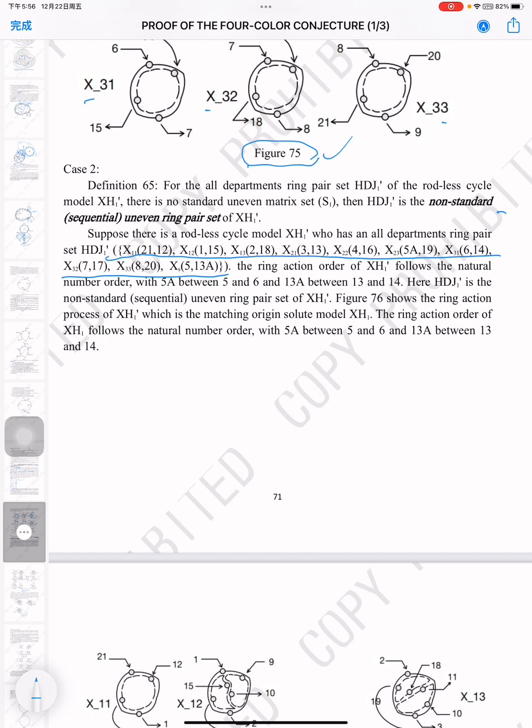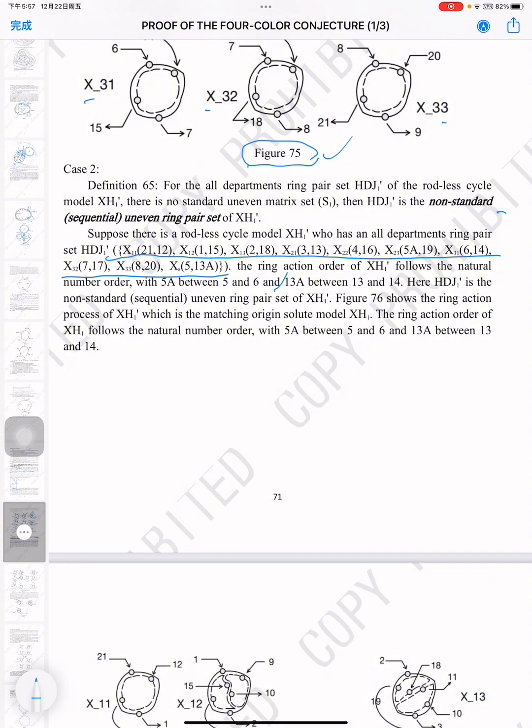The ring action order of XH1' follows the natural number order, with 5A between 5 and 6, 31 between 30 and 31, and 13A between 13 and 14. Here, HDJ1' is the non-standard sequential uneven ring pair set of XH1'.